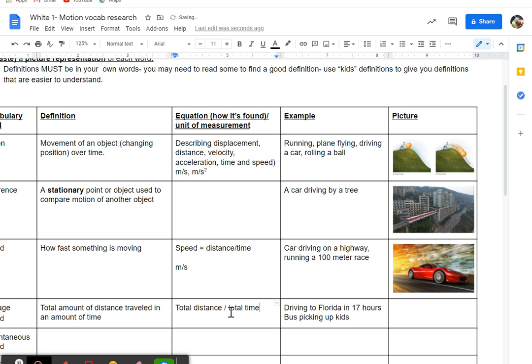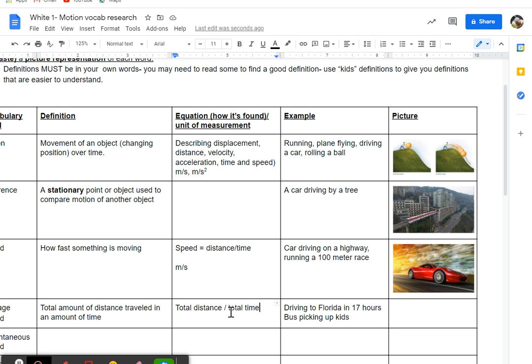If you look this up, you probably saw a triangle distance and then triangle time. The triangle stands for something called delta. You'll see that in math, and you'll probably see it in physics when you get to high school. The triangle or delta just means a change. So a change in distance over a change in time.